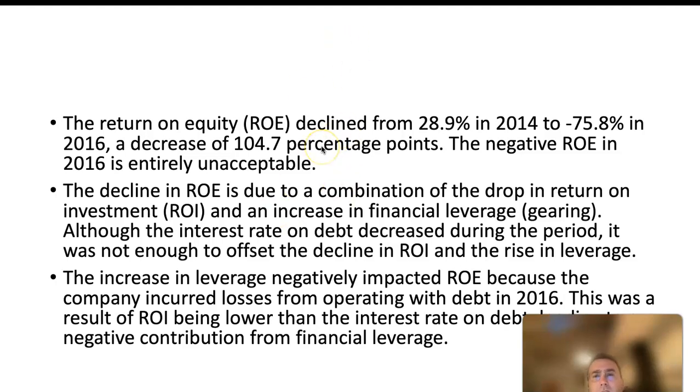Return on equity declined from 28.9% to minus 75.8% in 16, a decrease of 104.7 percentage points. The negative return on equity is completely unacceptable. The decline is due to a combination of a drop in return on investment and an increase in financial leverage.